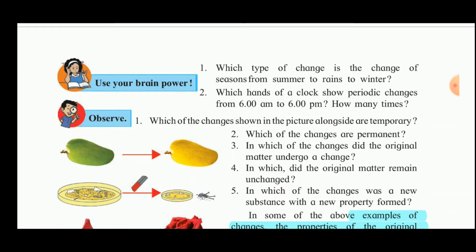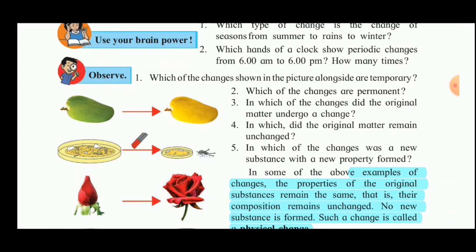In which of the changes did the original matter undergo a change, and in which did the original matter remain the same? Here, the raw mango changes into a ripe mango.